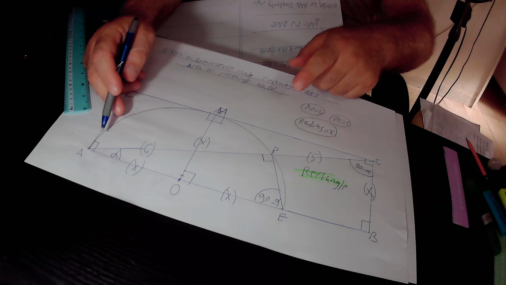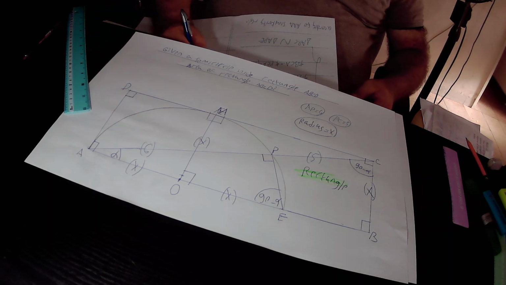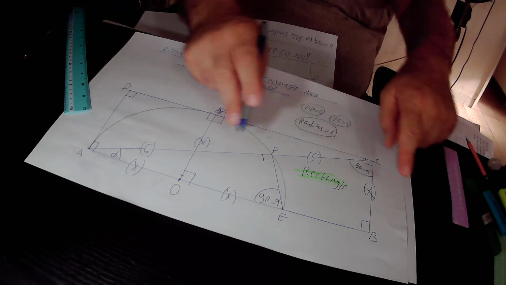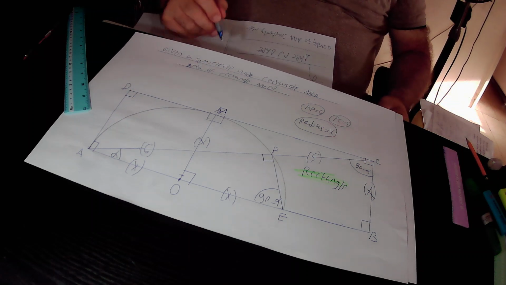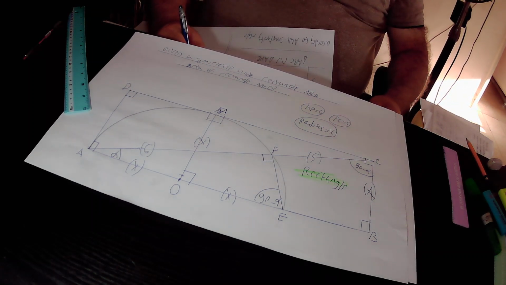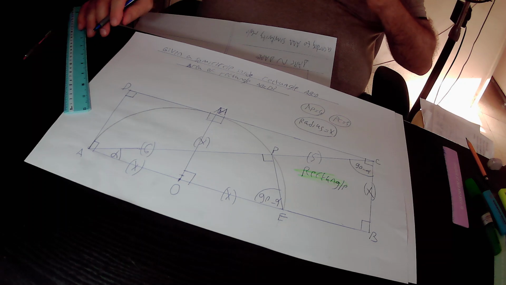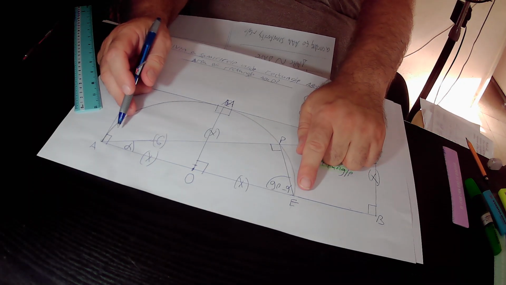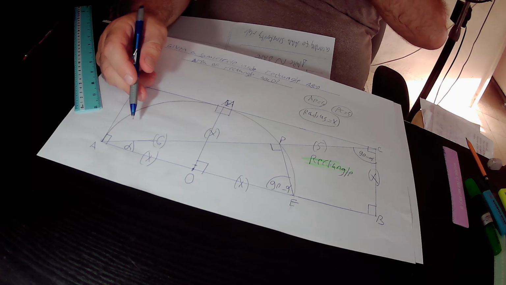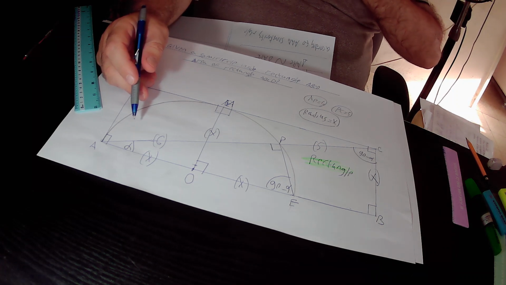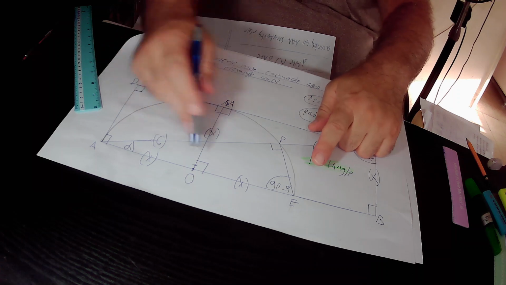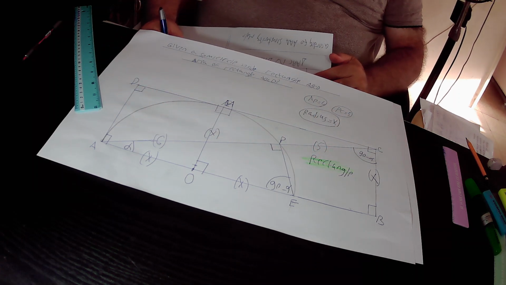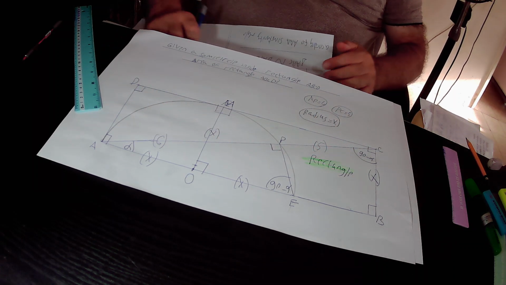AP is 6 according to what is given in the question, over AB. AB is the missing side, so we leave it as it is. And it is equal to AE. AE equals x plus x, that is 2x. This is actually the diameter of the semicircle. So AE is 2x over AC.